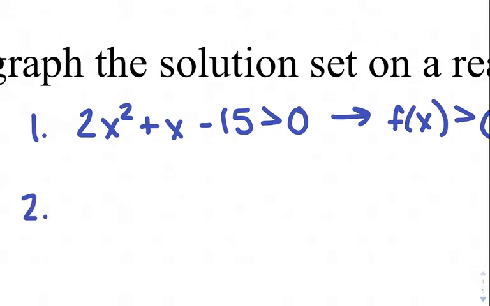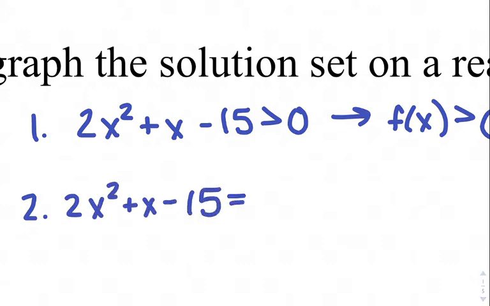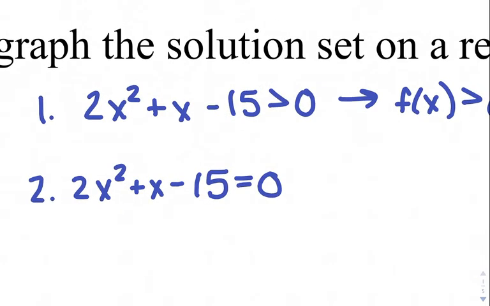Step 2 is to take this now and set it equal to 0 so we can solve for our x values. We can do borrow and pay back here. 2 times negative 15 would give me negative 30. Two numbers that multiply to negative 30 but add up to 1 are positive 6 and negative 5.